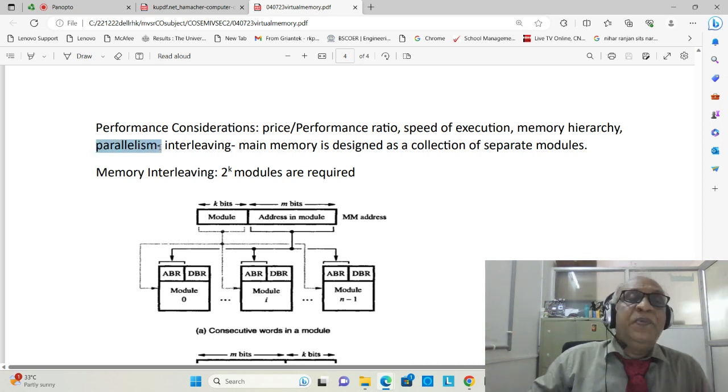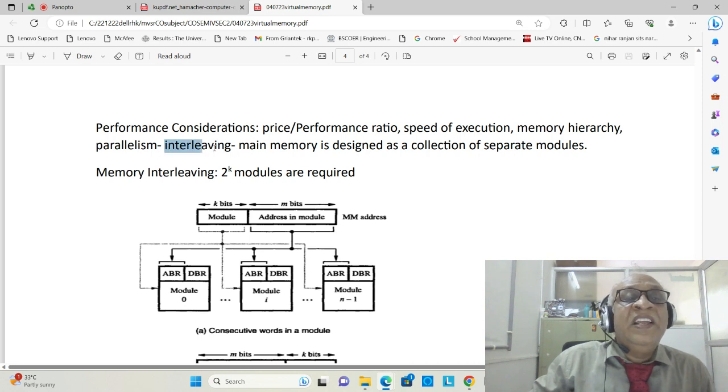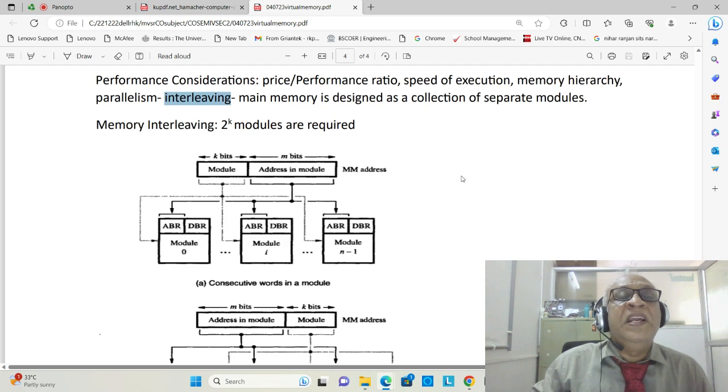Activities can be parallel, tasks can be parallel. This parallelism can be achieved with the help of a memory adjustment called interleaving. So when we are speaking about interleaving, we are speaking about memory interleaving.